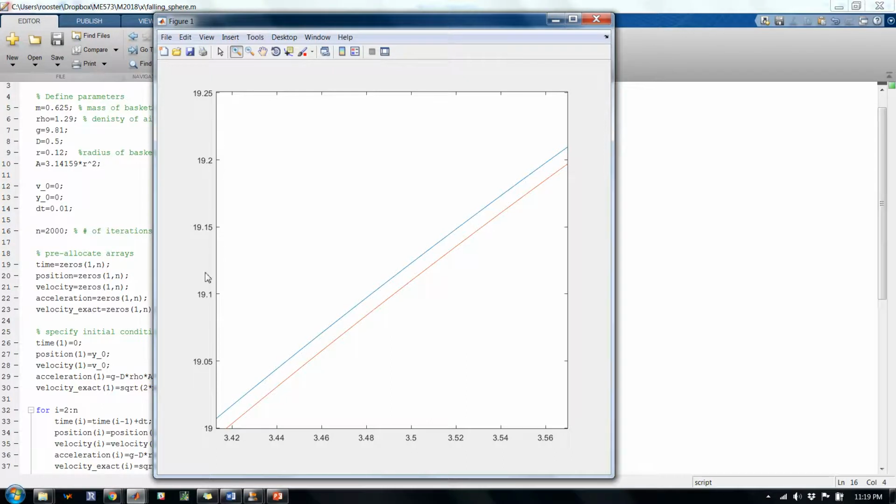Now it looks like they're separated quite a bit, but look at the difference now. Look at the vertical scale here. From this point to this point, each of these marks is 0.05 apart. And so if you take this distance, this is a fraction of a percentage difference in the solutions here.